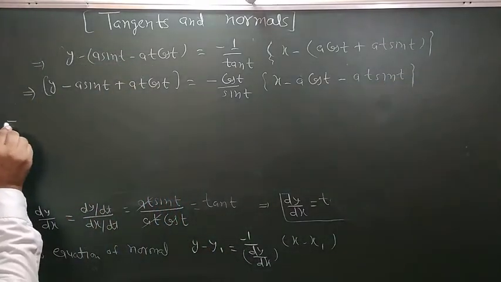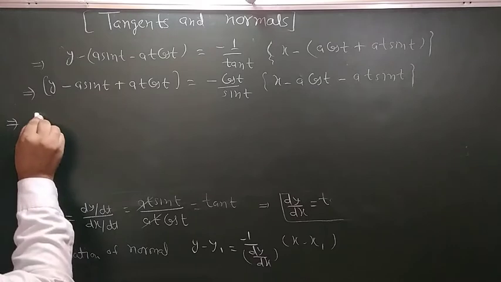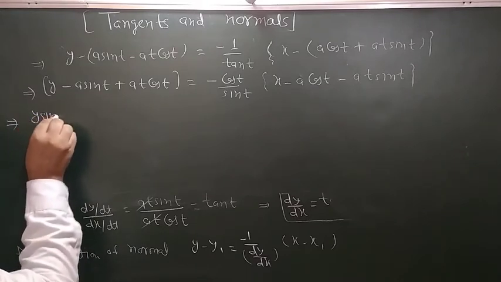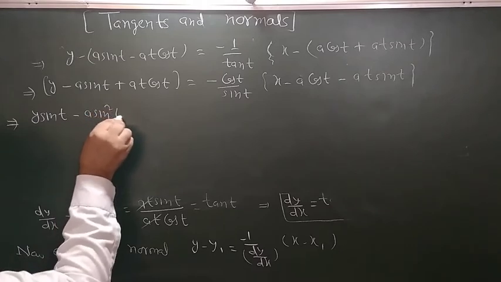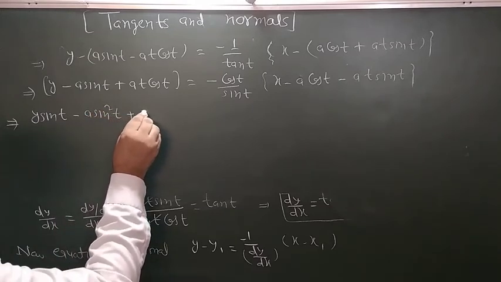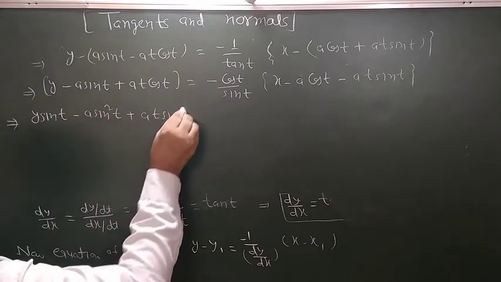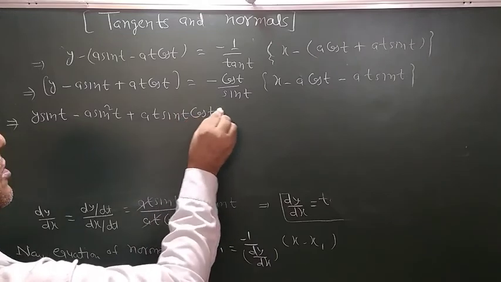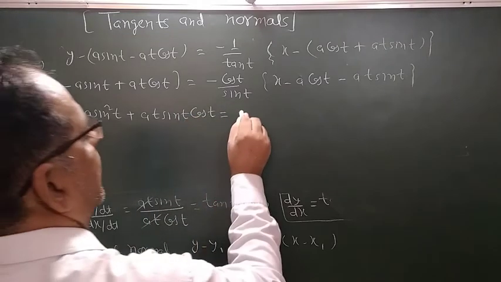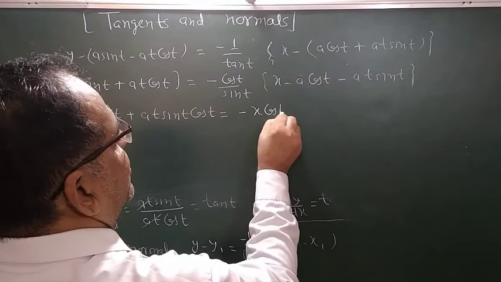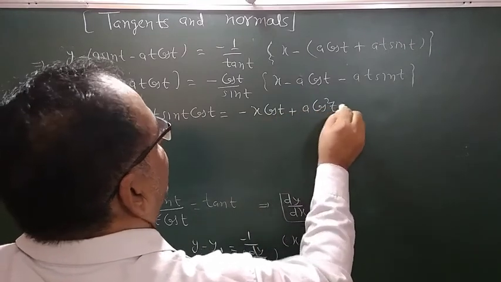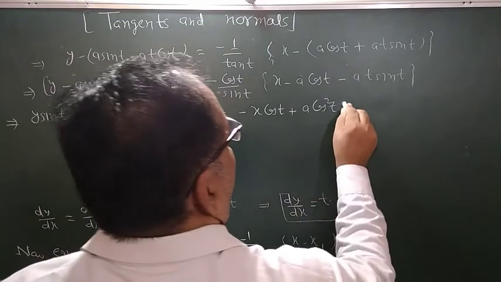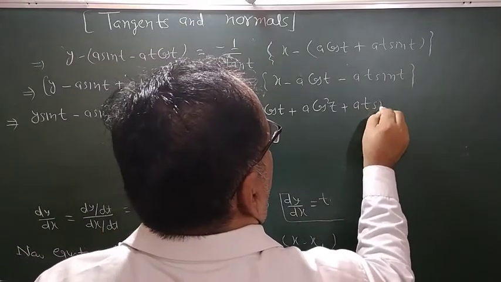Now cross multiply, so y sin t minus a sin square t plus at sin t cos t equals minus x cos t plus a cos square t plus again at sin t cos t.